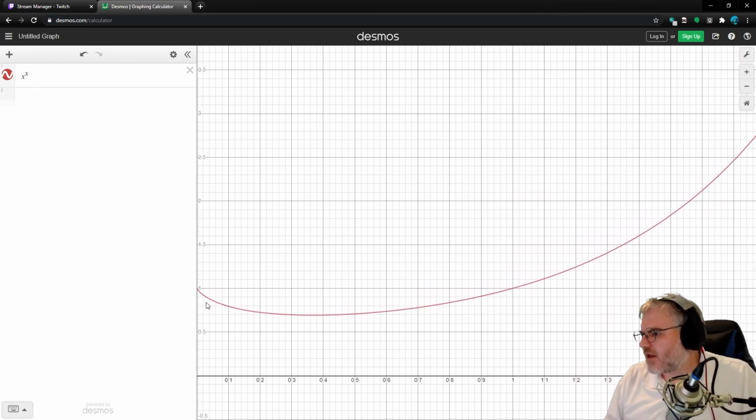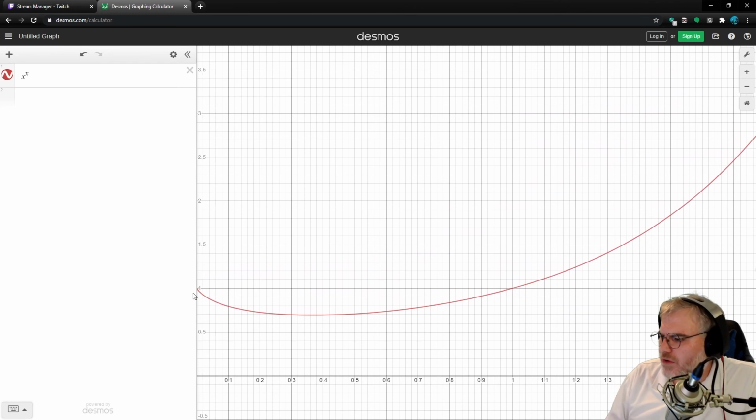As I go towards 0, we have some interesting things about this function. So let's do a little aside. f of x equals x to the x, where x is greater than 0. That's where we're going to define this thing.